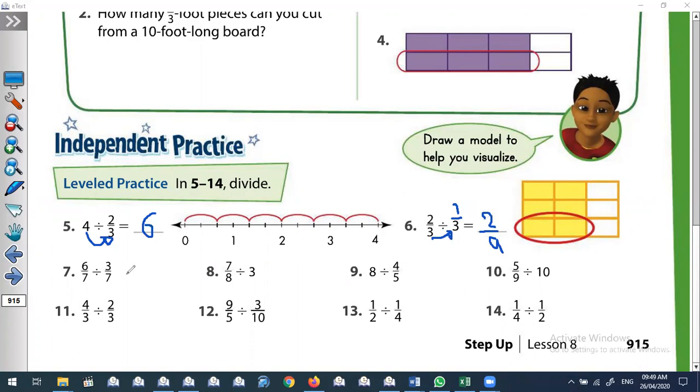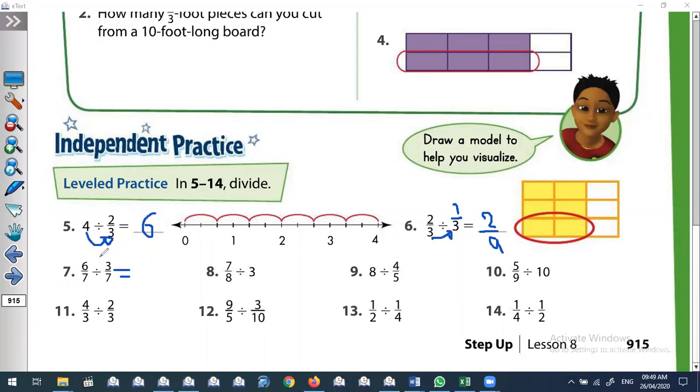Here again, what is the answer? We are going to flip the second one. Instead of 3 over 7 it will be 7 over 3.